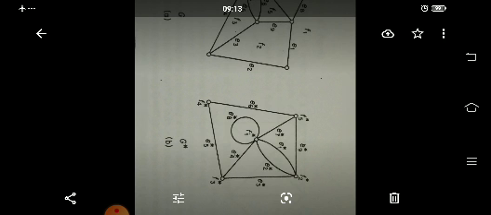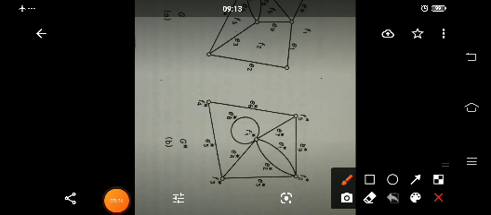Okay, then see this figure, the second figure G star. This point is F2. F2 is adjacent to F1, F3, F5 and F4.